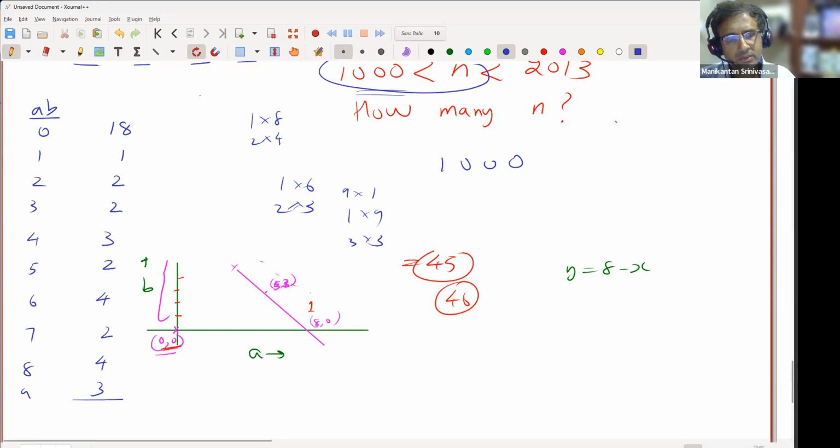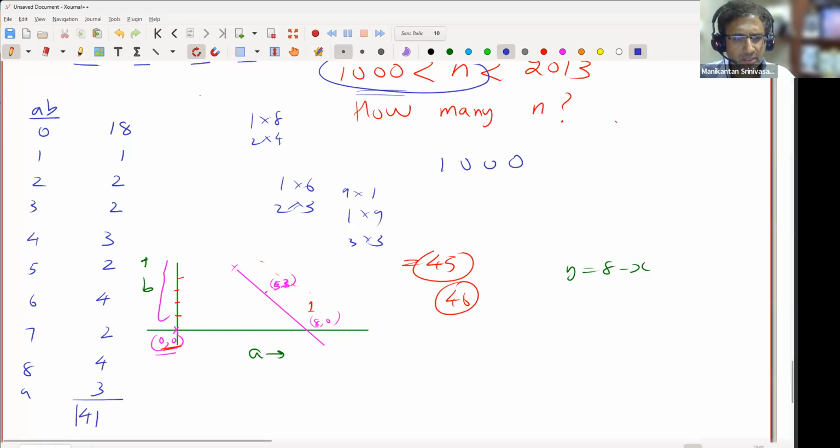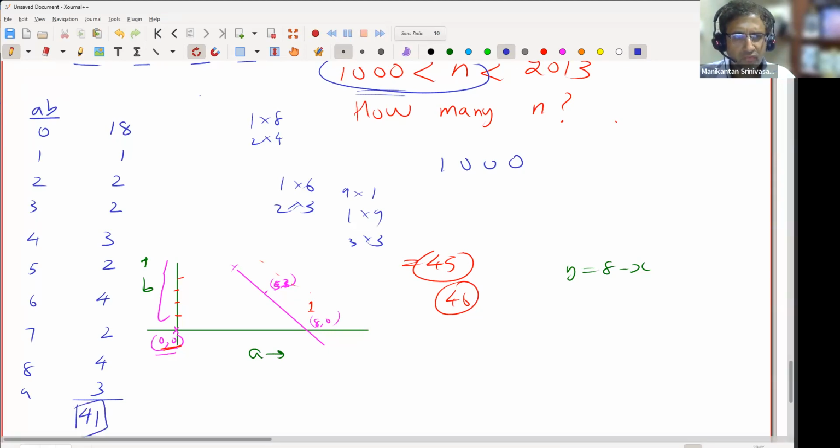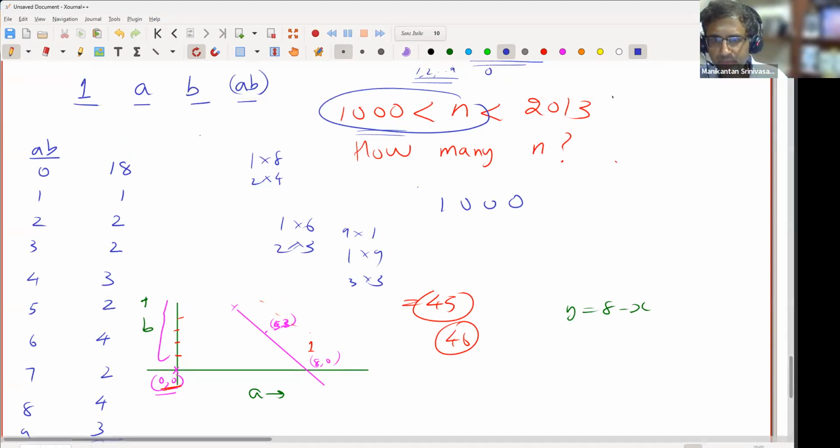I get 41 here. Just let me know if I'm counting it wrong. 41 here. And then of course, in the 2000 series, if this is 2, okay. And then if you have the first 2000 series, 20, blah, blah, this obviously has to be 0, right?